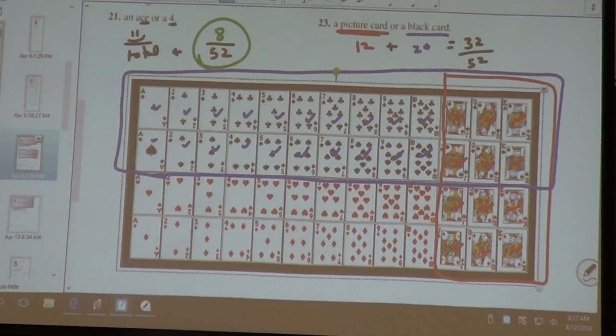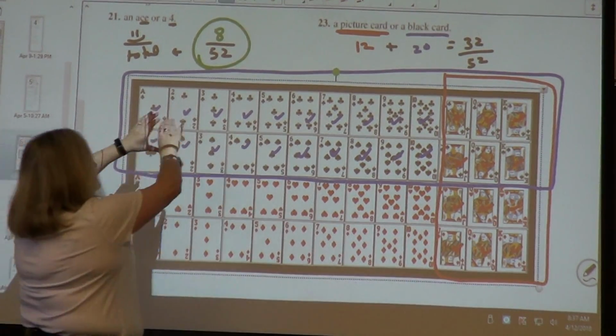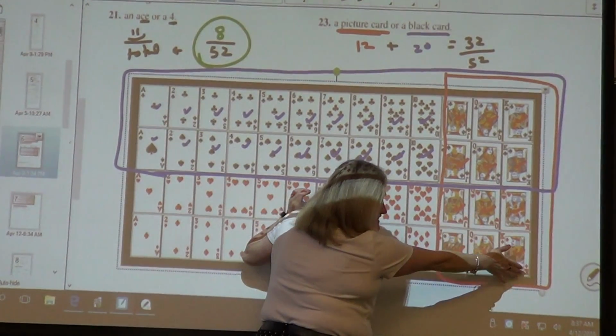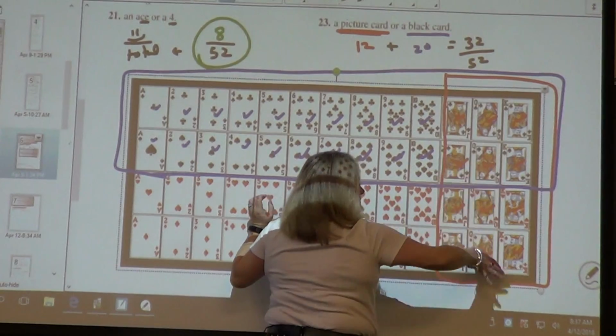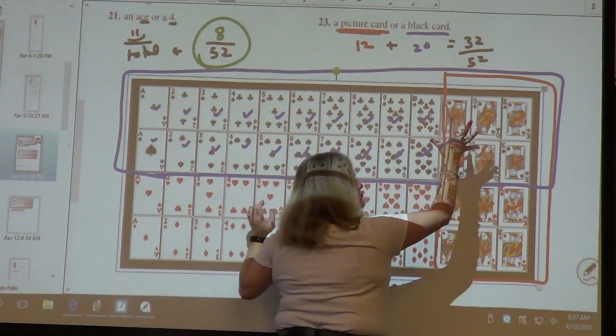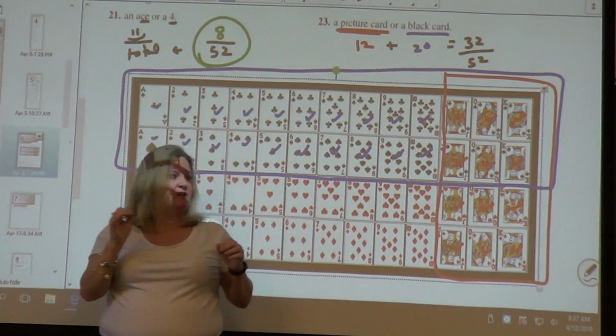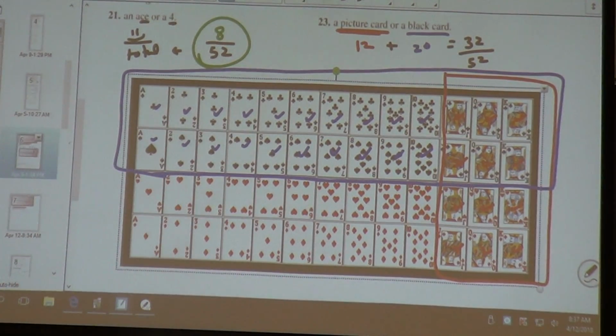You don't want to count the black face cards twice. So either you can say, let me count all the black cards and then add in these, or let me count all the face cards and add in those, but you don't want to count those twice. No double dipping. Okay?